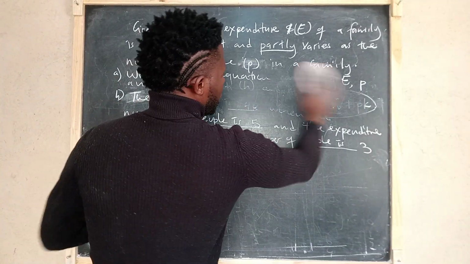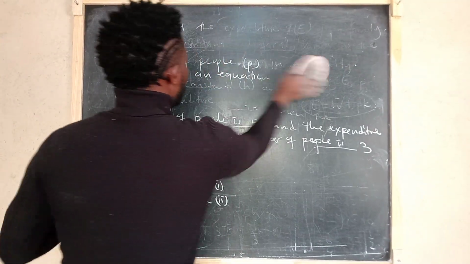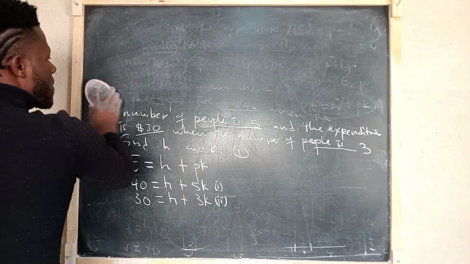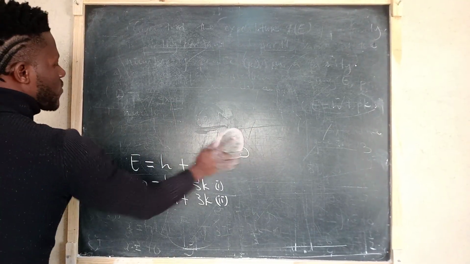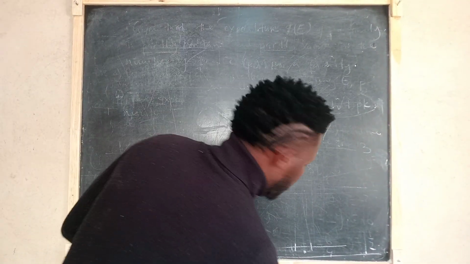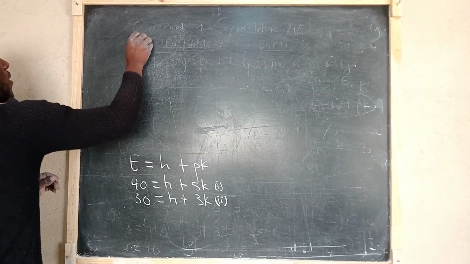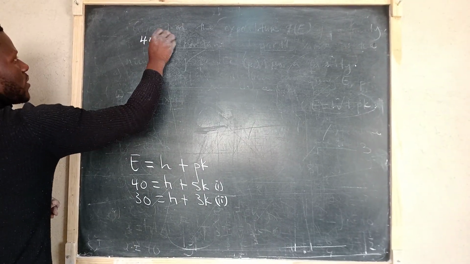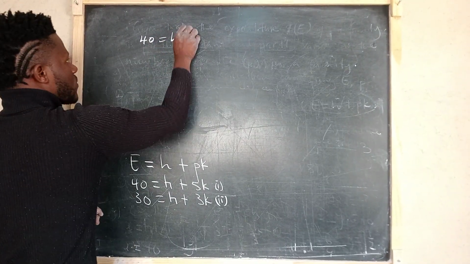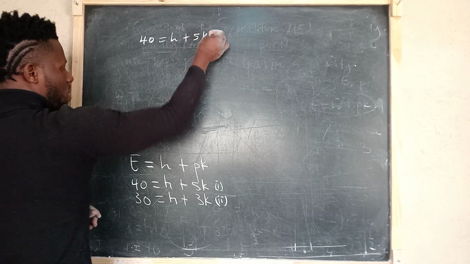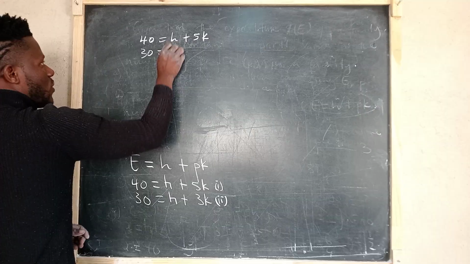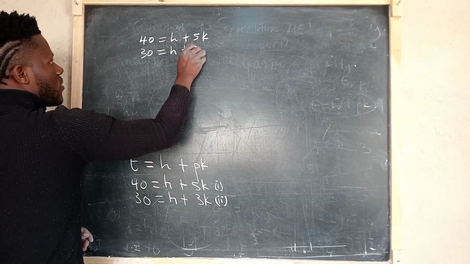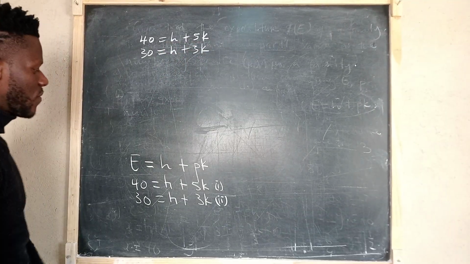Let me create this space. Right. 40 is equal to H plus 5K. 30 is equal to H plus 3K.